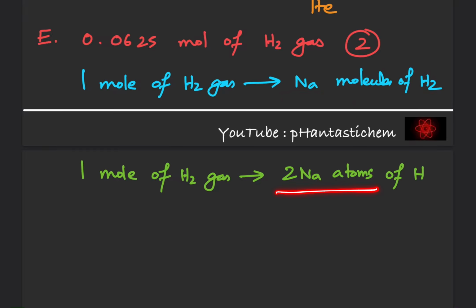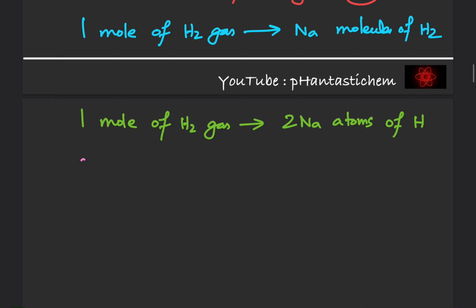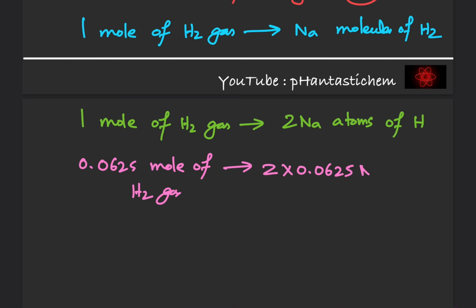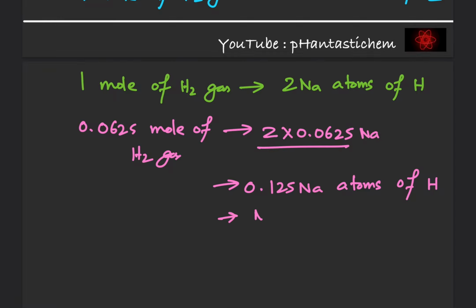So 0.0625 mole of H2 gas will contain 2 into 0.0625 Na atoms of H, which gives 0.125 Na atoms of H. So this is also Na by 8.